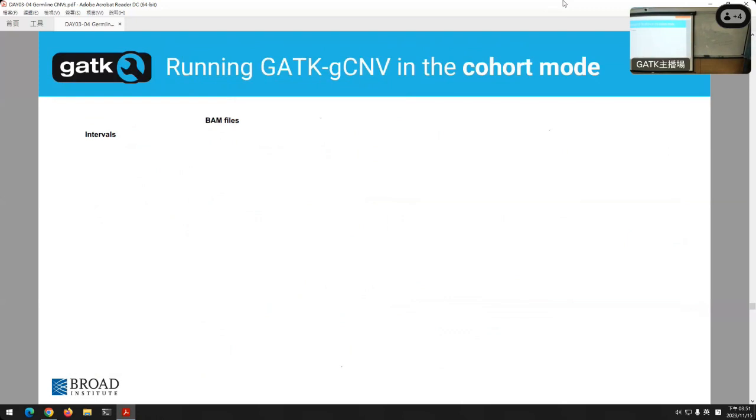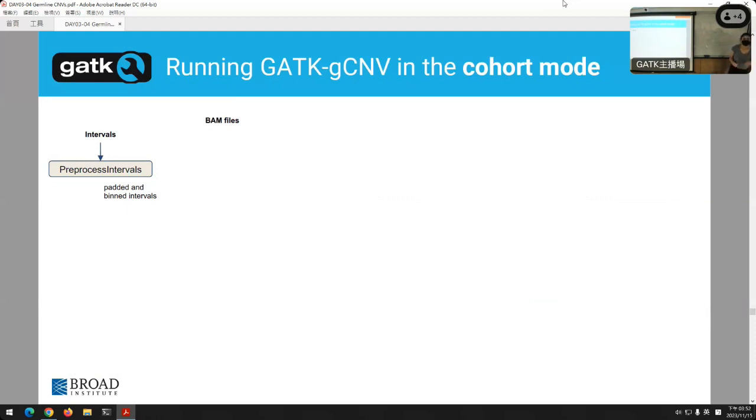Okay, so now we've talked about copy number variants, and we've talked about the GCNV method. What does the model look like under the hood? But actually, how do you then run the GCNV pipeline on your own data? So we start by pre-processing our intervals. This is probably going to sound familiar from somatic CNV calling.